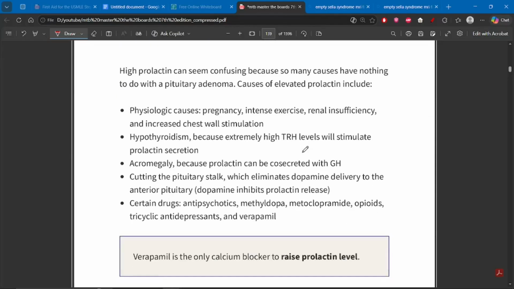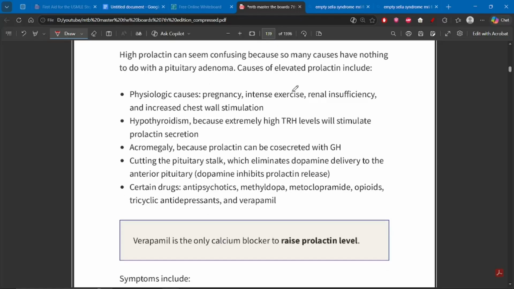Hyperprolactinemia. Hyperprolactinemia can seem confusing because so many causes have nothing to do with pituitary adenoma. Causes of elevated prolactin include physiological causes: pregnancy, intense exercise, renal insufficiency, and increased chest wall stimulation.